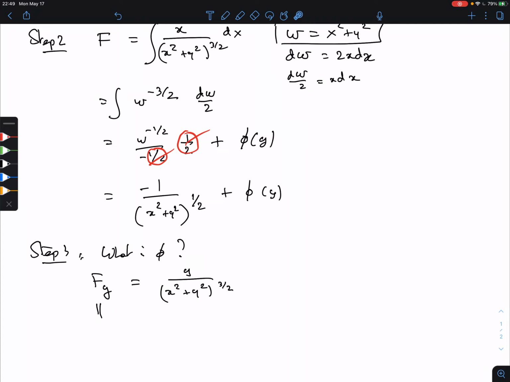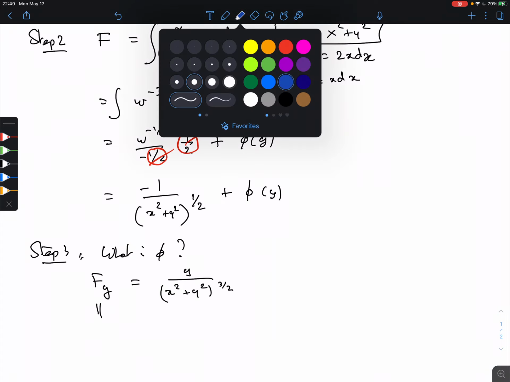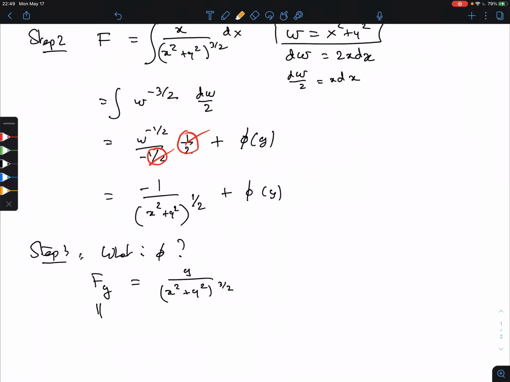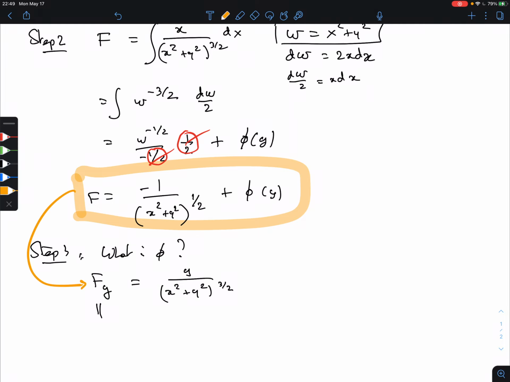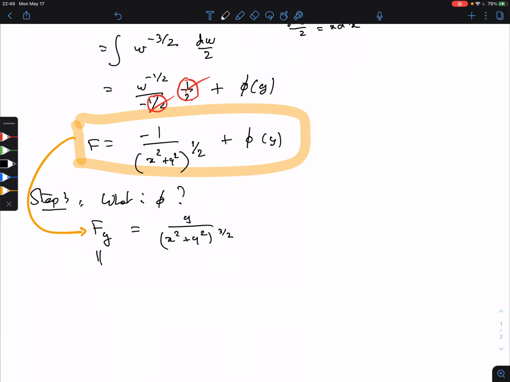So perhaps to clarify this, let me put this in colors here. So this is f. Okay, so this is f here. And this is the f I'm going to use to calculate f sub y, the partial derivative with respect to y. So I do the partial derivative with respect to y of this thing. Let's see. Perhaps in this case I should not have written it with the exponent already in the denominator.